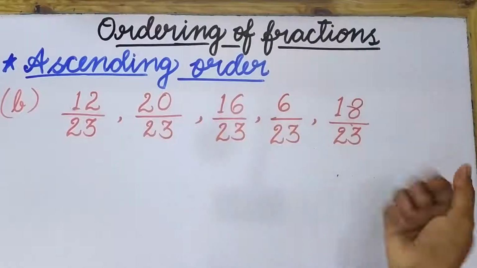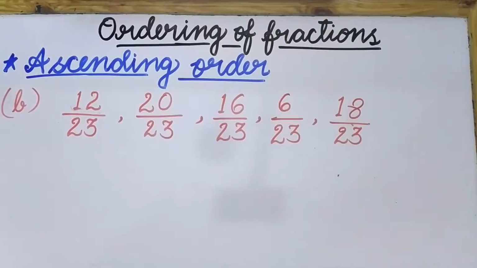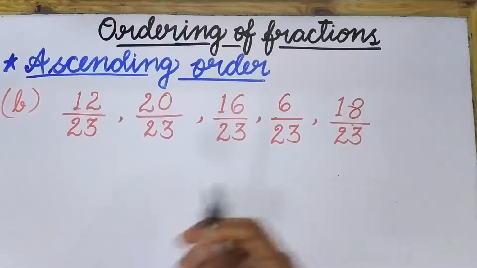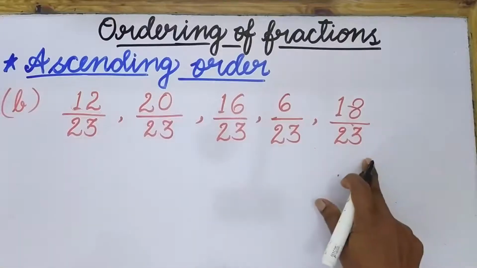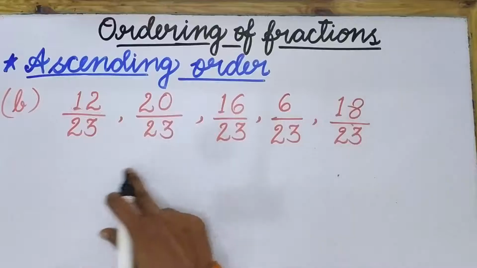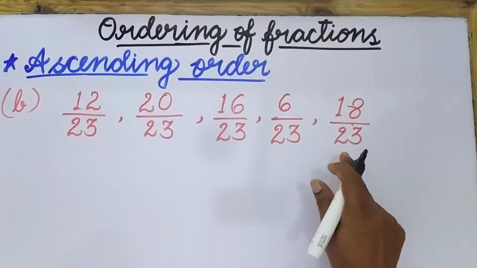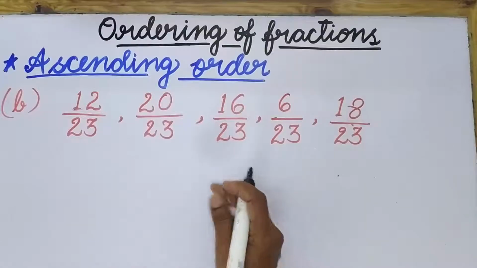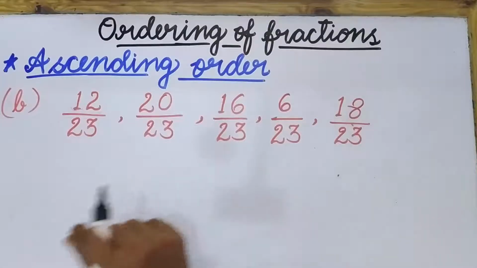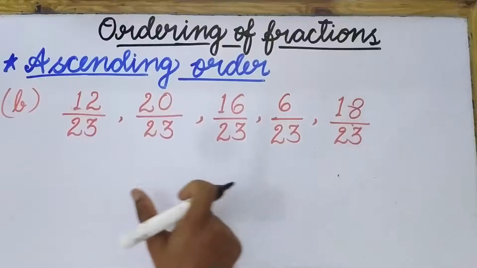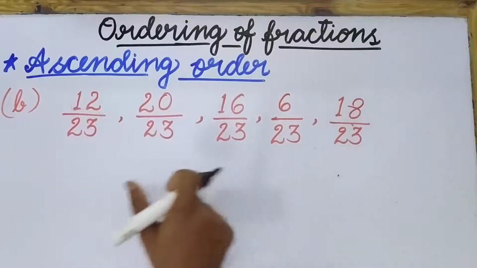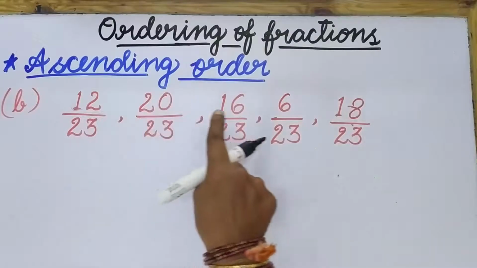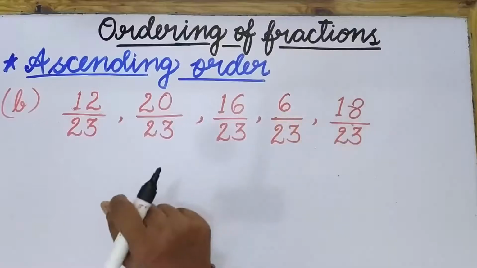Here you have one more example to arrange the given fractions in ascending order. See, these are all like fractions, as all the denominators of these fractions are the same. Now we have to arrange the given fractions in ascending order. Before that, we need to check which is the smallest fraction, so you have to check the numerators.